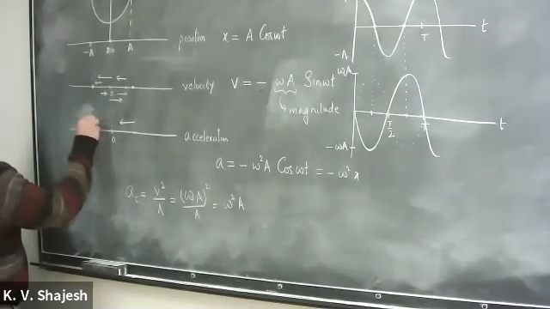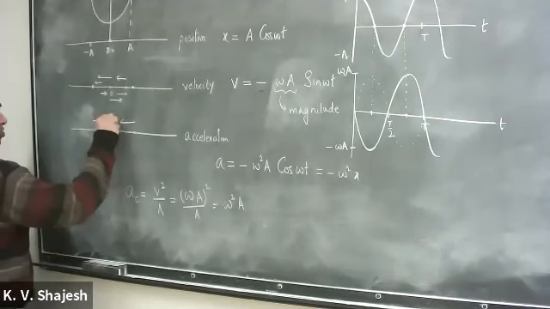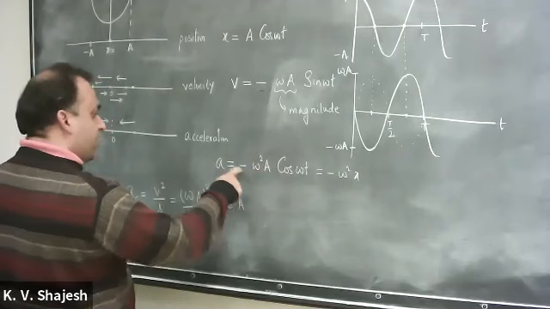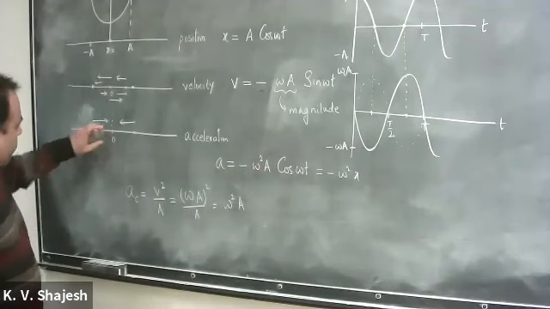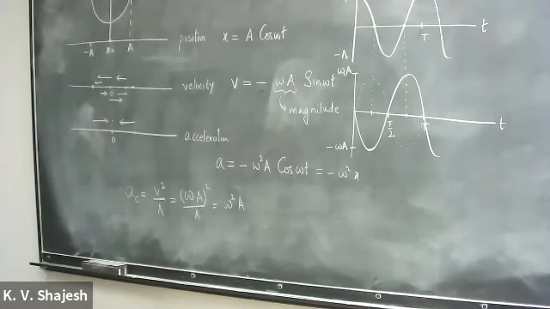When it is down here, acceleration is in the positive direction, very much like the force, and it is equal to 0 in here. And it is a cosine function, but with a negative sign. That's what flips it. Remember that position is a maximum here, but it is exactly the negative of that for acceleration.